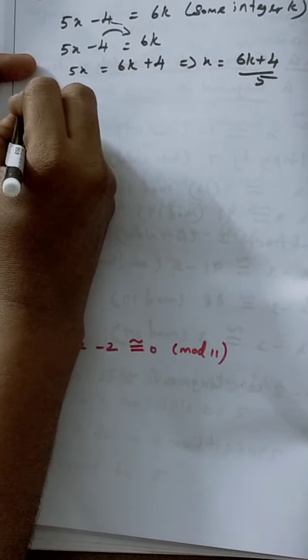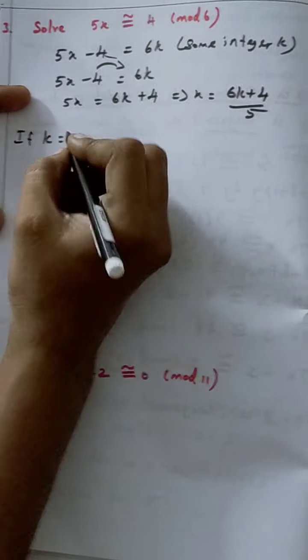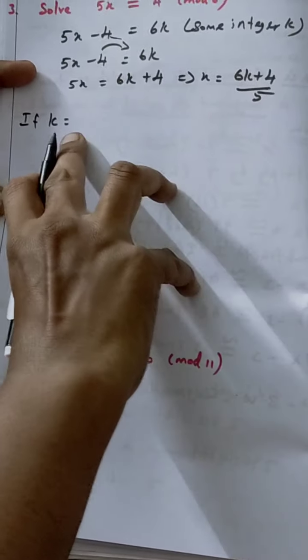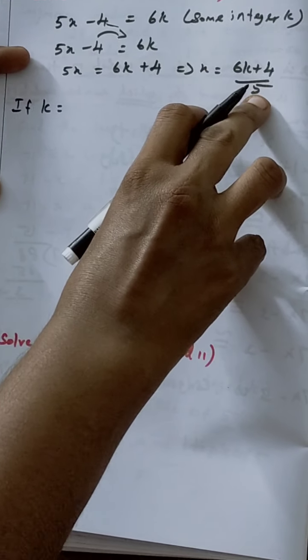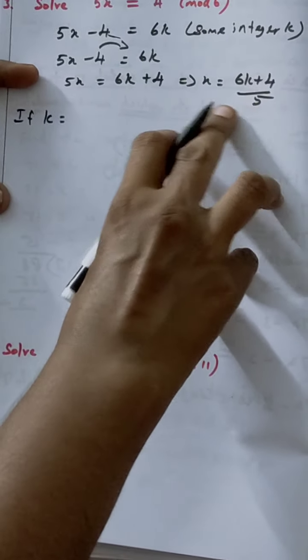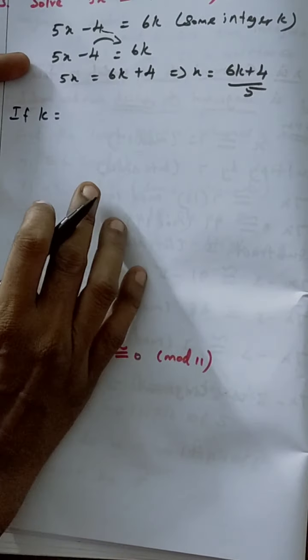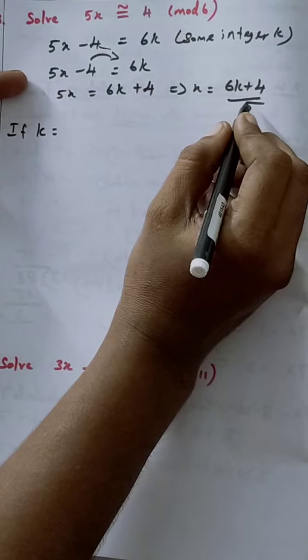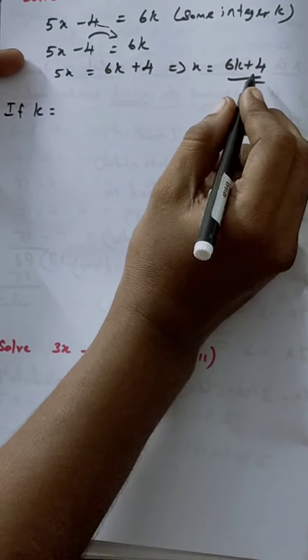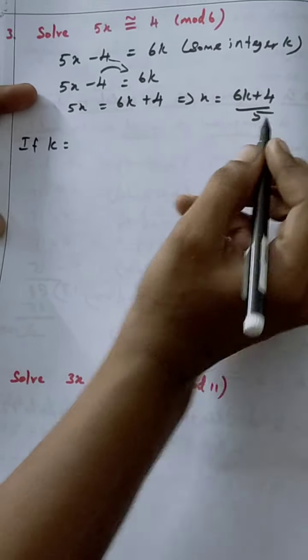The number must be divisible by 5, so the last digit is 5 or 0, that number is divisible by 5.